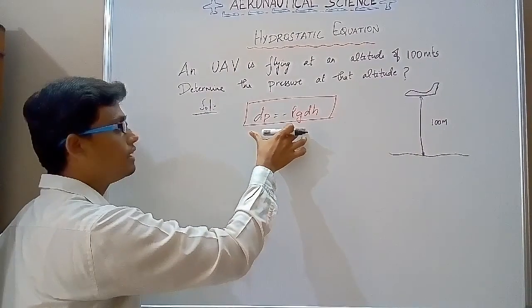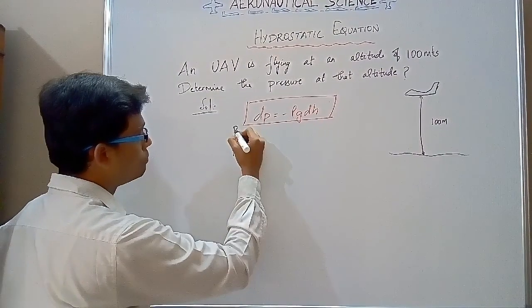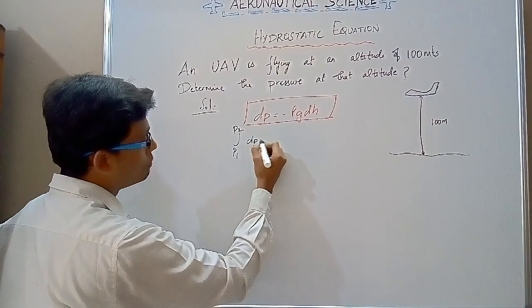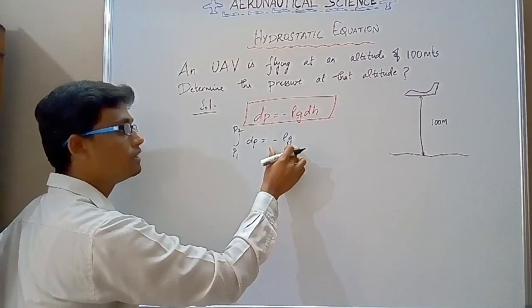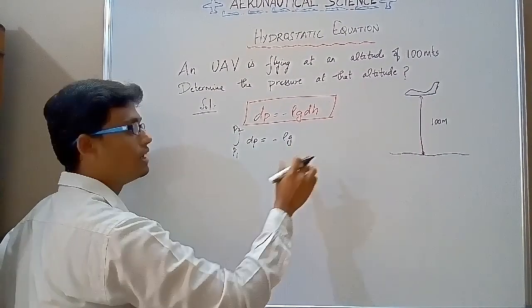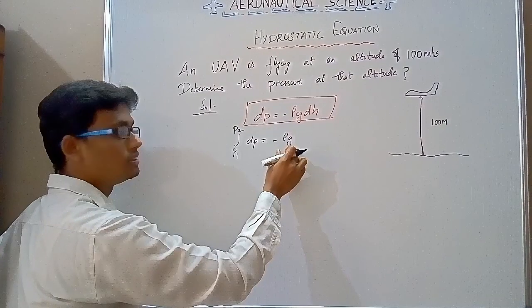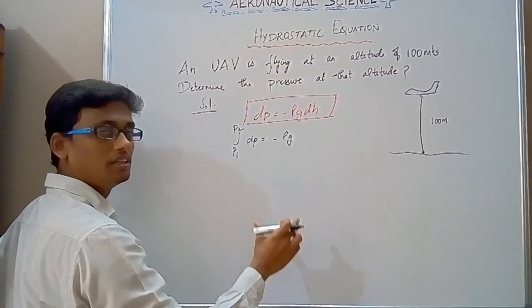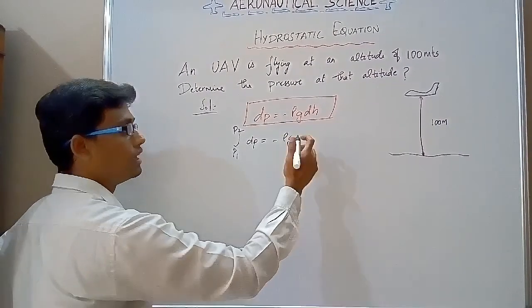By integrating this equation, we get the integral from P1 to P2 of dp equal to minus rho g. We are considering this rho g as constant in this scenario because at this altitude, slight changes in rho g won't make much difference in the solution.